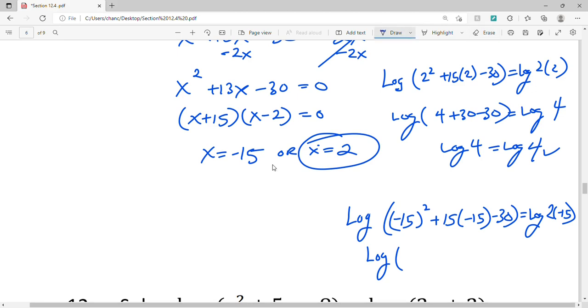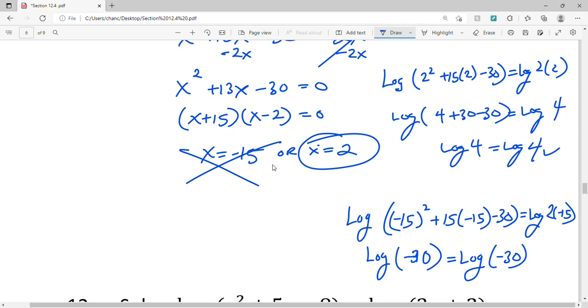If you use a calculator, you would get the log of negative 30, and on the right you get log of negative 30. And a lot of students will think, oh yeah, this is a good solution, but no, this is a bad solution. X equals negative 15 is a bad solution.